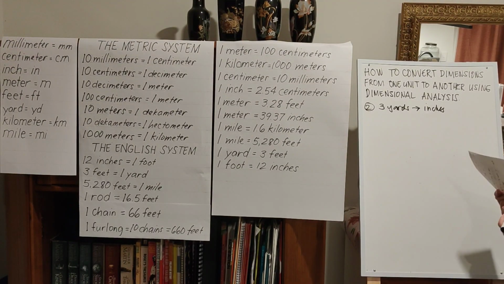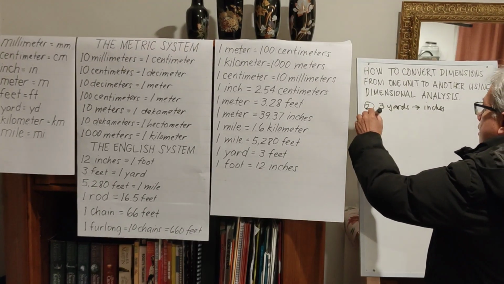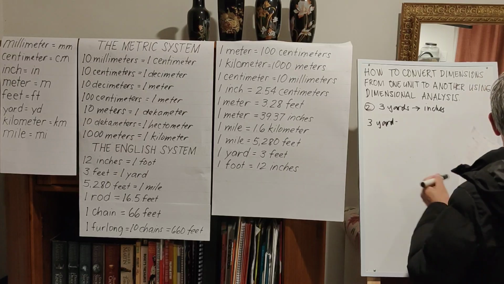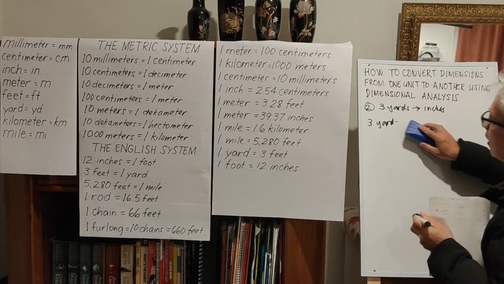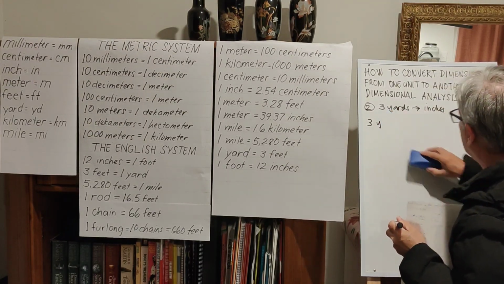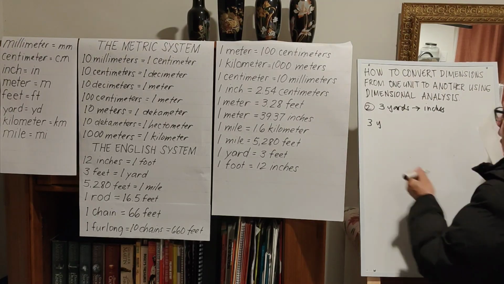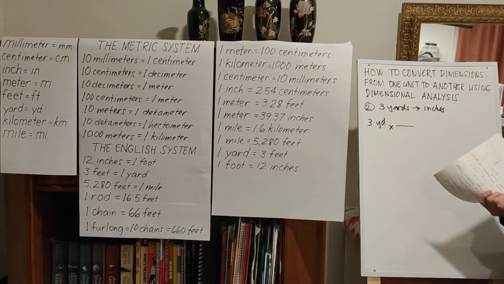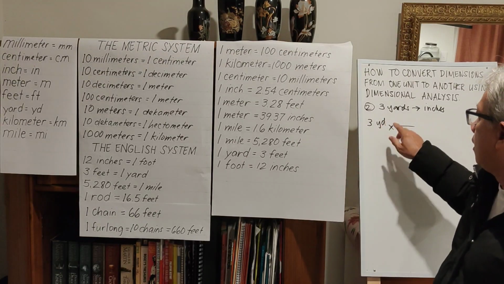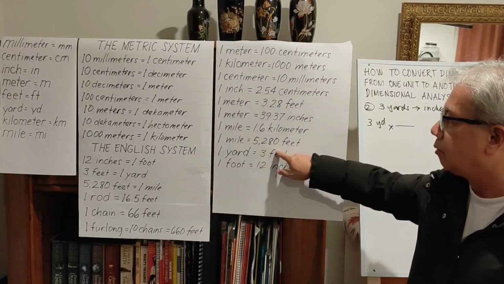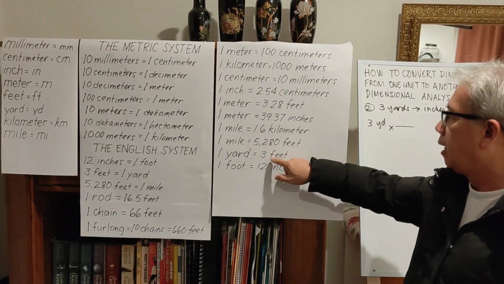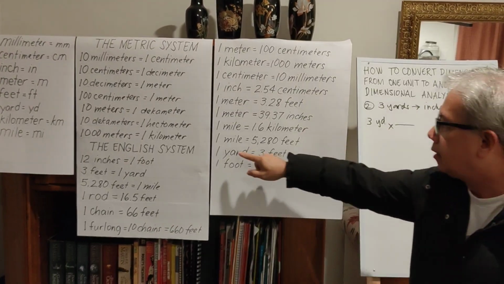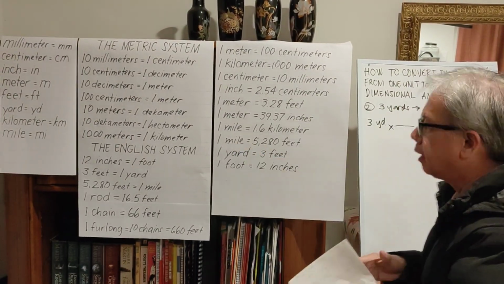So we first write 3 yards. Now we will put this one into a fraction, and because the question is in yards, we need to put this one into the denominator.